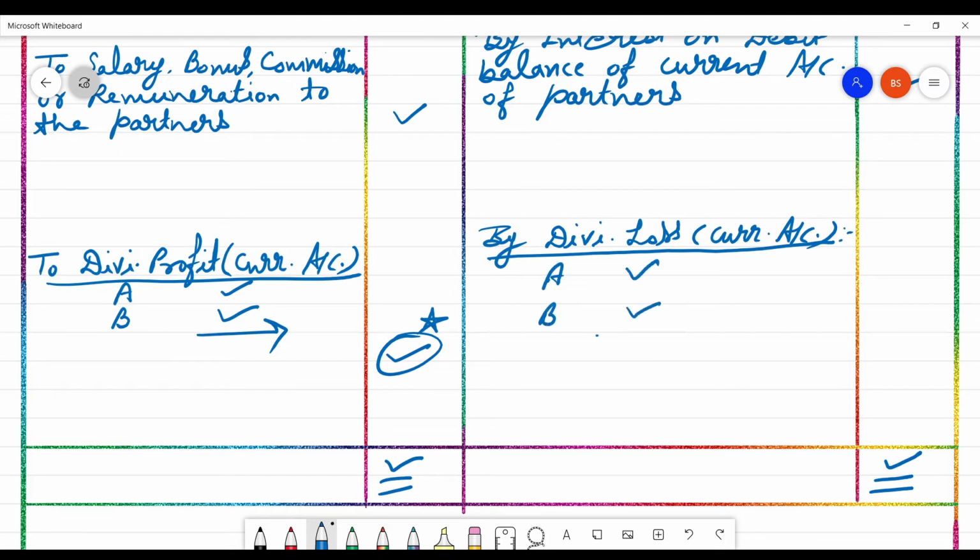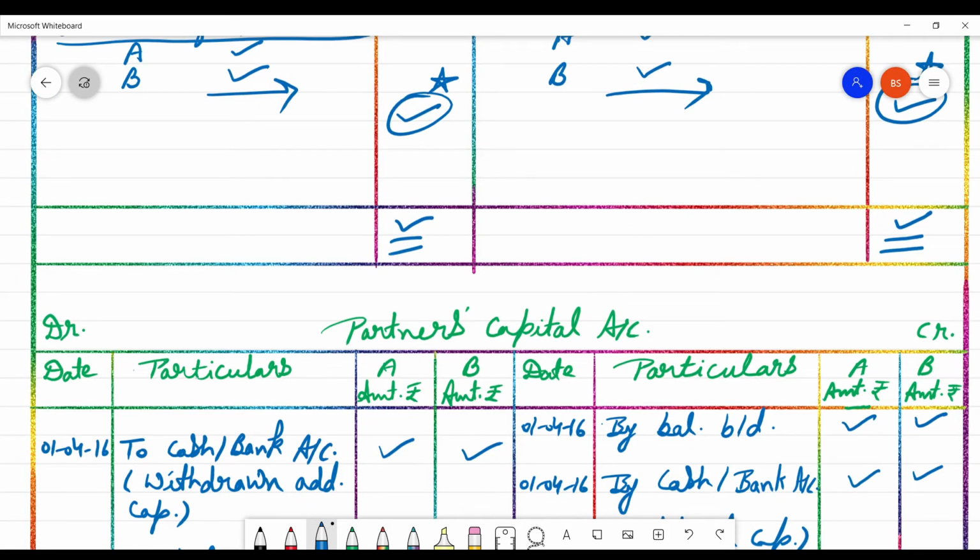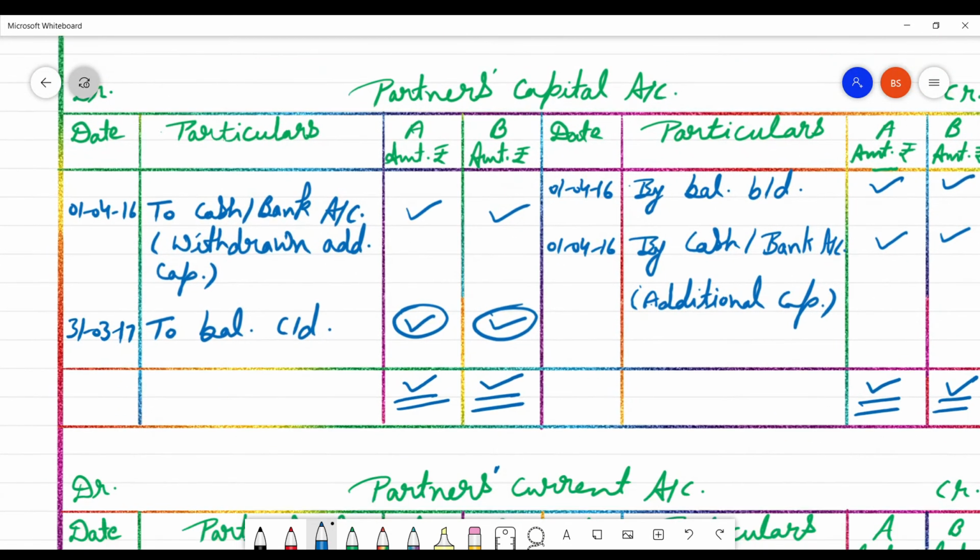In their P&L ratio, divisible profit will be transferred to the credit side of the partner's current account and divisible loss will be transferred to the debit side of the current account.